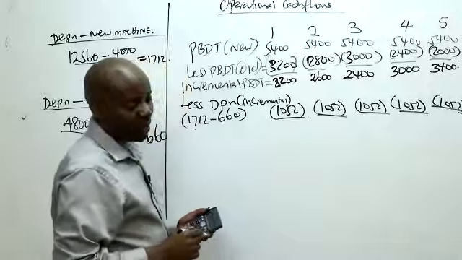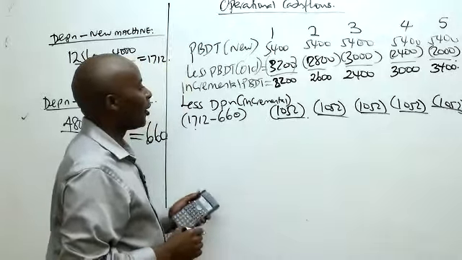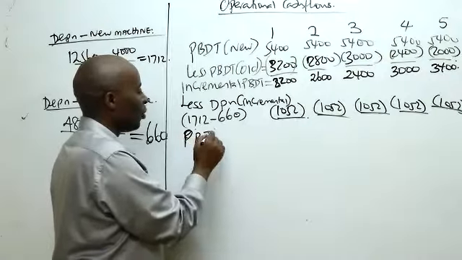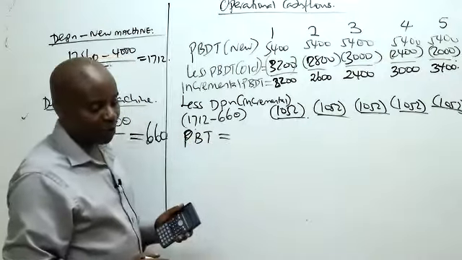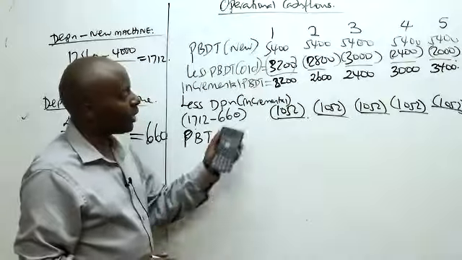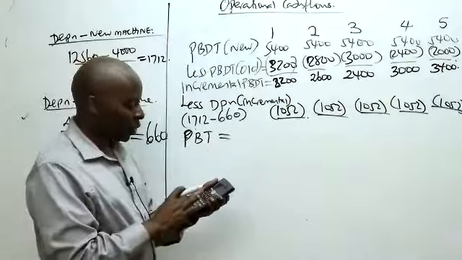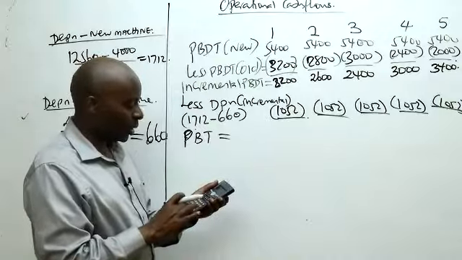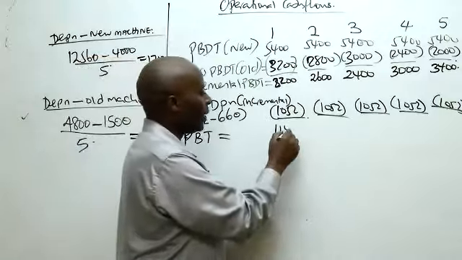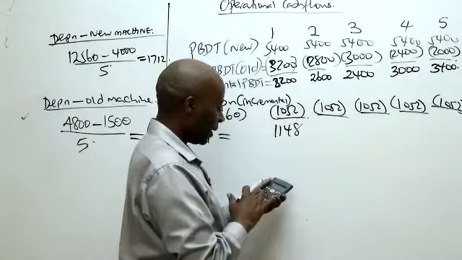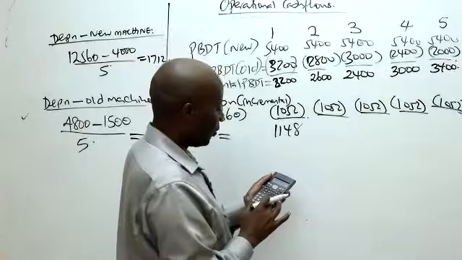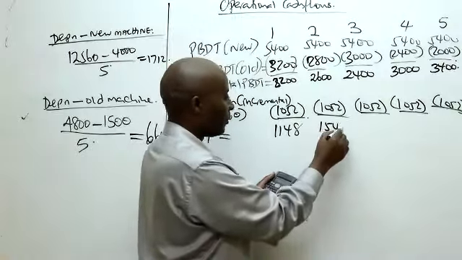So here we subtract for us. What you will get will be called a profit before what? Before tax. So we have 2200 minus the answer, which gives us 1148. We have 2600 minus 1052, which gives us 1548.